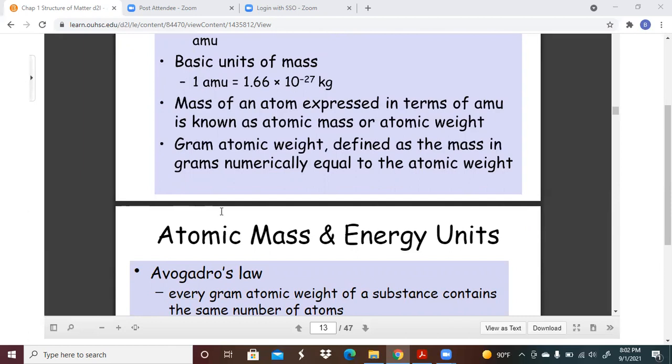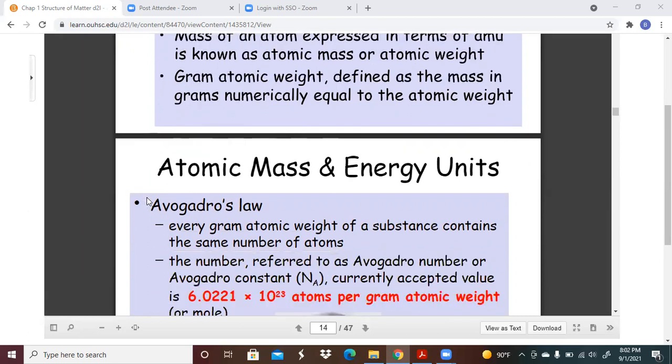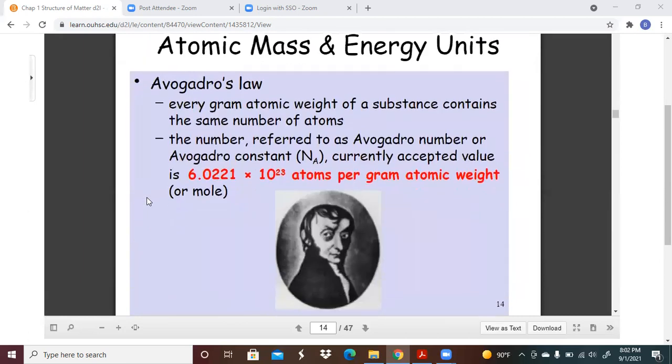Gram atomic weight is defined as the mass in grams numerically equal to the atomic weight. So, Avogadro's law: every gram atomic weight of a substance contains the same number of atoms.